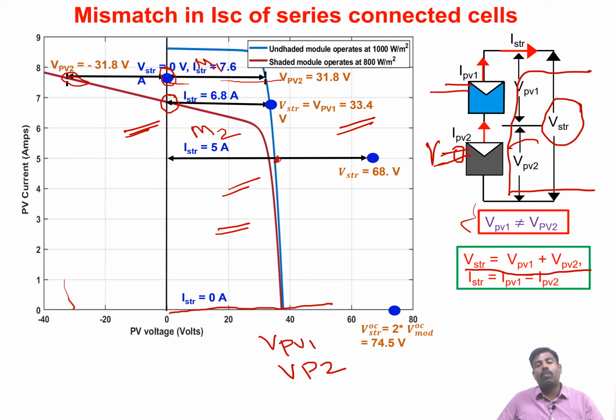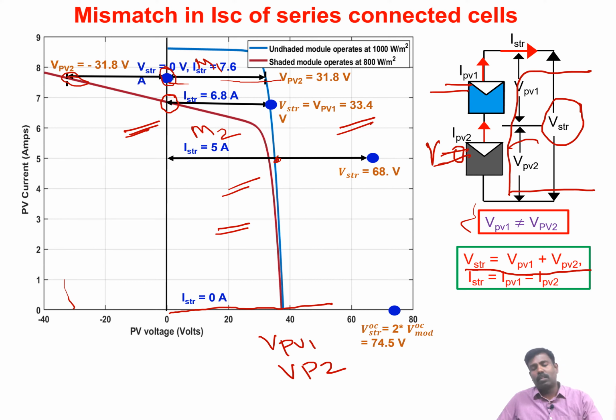This phenomenon is called hot spot formation in a PV array. So what will happen? A shaded module will actually kill itself when it is kept in shade. I hope that you understand the formation of the hot spots and how the voltage across the shaded module will become negative.